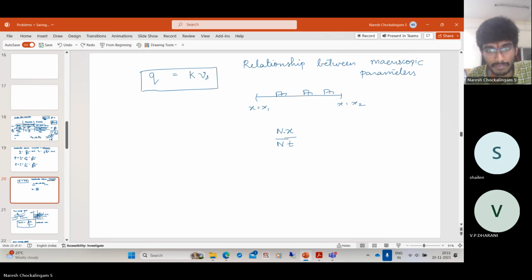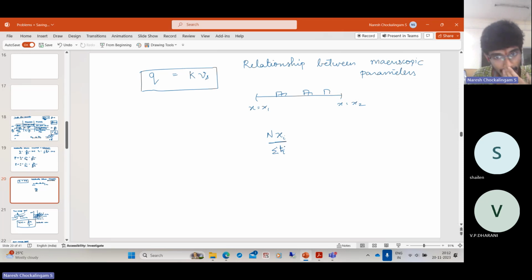So if you take the ith vehicle and it travels the entire distance in a time ti, it is the summation of x by ti. Now instead of taking individual vehicles, what will be the total distance traveled by all the vehicles? If there are n vehicles in that road stretch, it is nx divided by the time taken for each of them, ti, summed over all ti's.